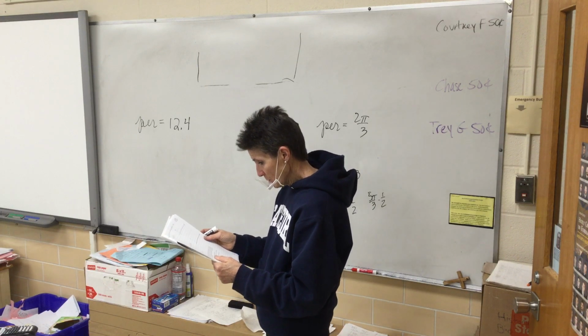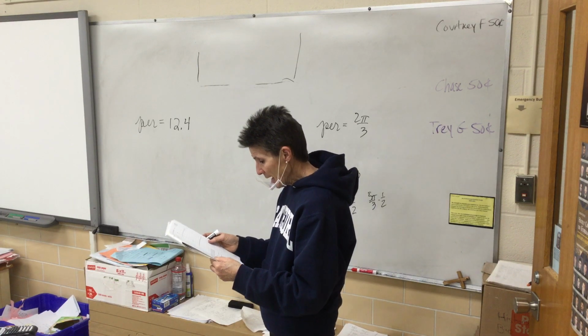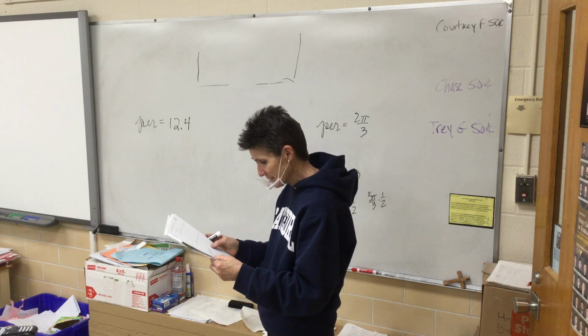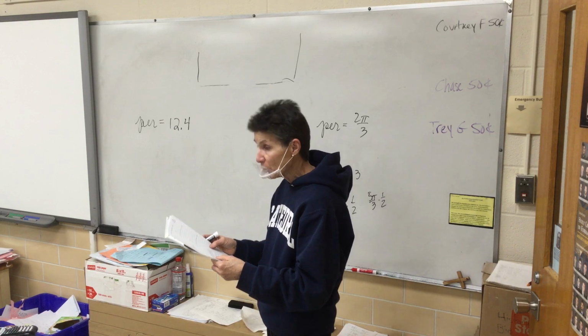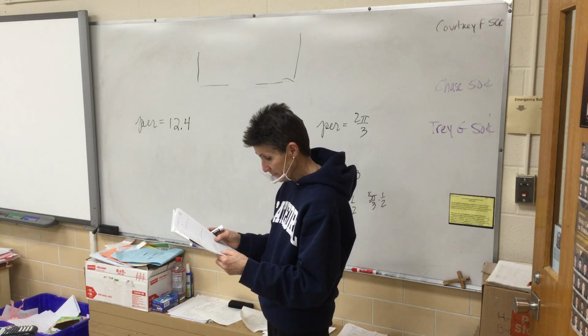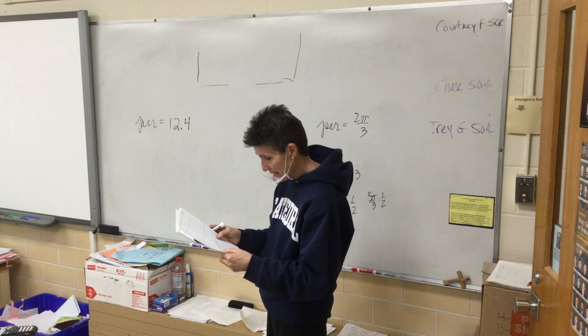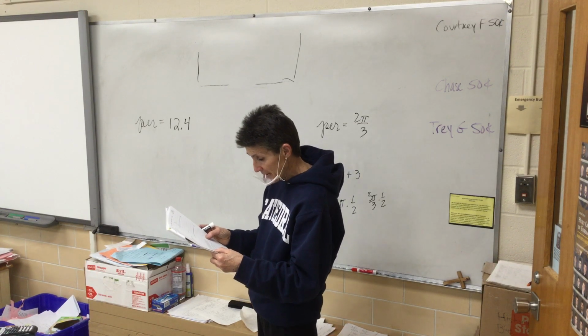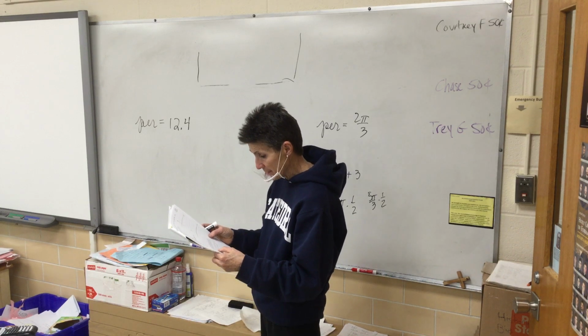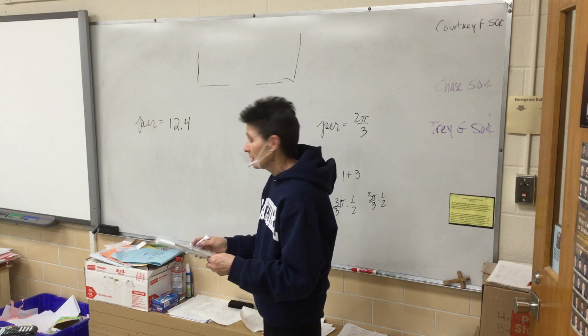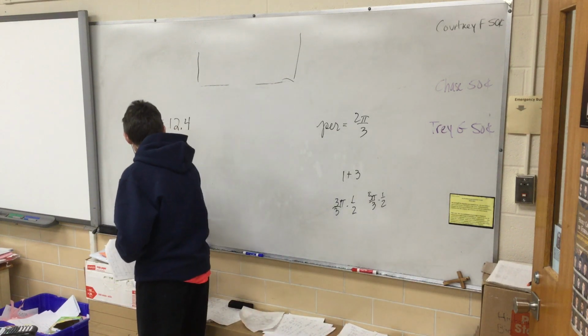Now, I know that high tide happened at 9:36, and I know the depth was 2.7, and then I know that low tide occurred at 3:48, and the water was only 2.1 meters deep. All right, so let's see if we drew a picture of that.